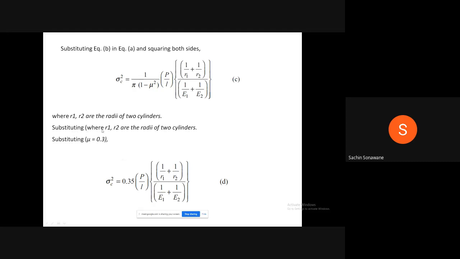Substituting mu equal to 0.3, mu being Poisson's ratio, sigma c square is equal to 0.35 into P divided by L into (1/R1 plus 1/R2) divided by (1/E1 plus 1/E2), equation D. Therefore, write down this equation C and D. Make it fast.